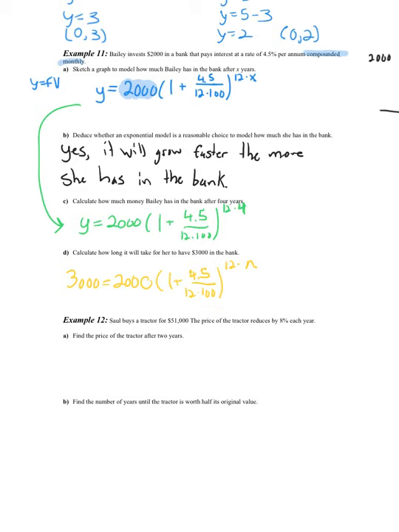Or you could graph, like I said, graph y equals 3,000, since you already have the other graph, and look for the intersection. And it'll get you the number of years you need. Okay, that's it for example 11 there.